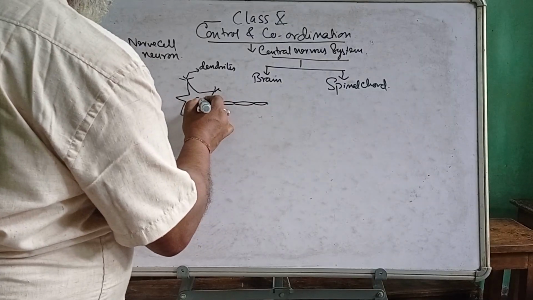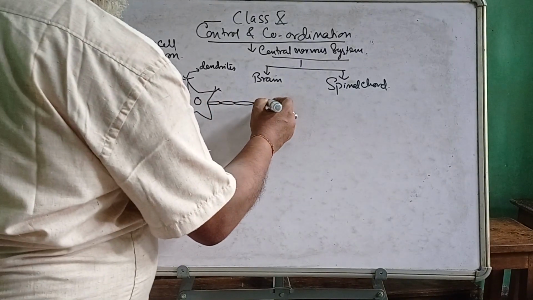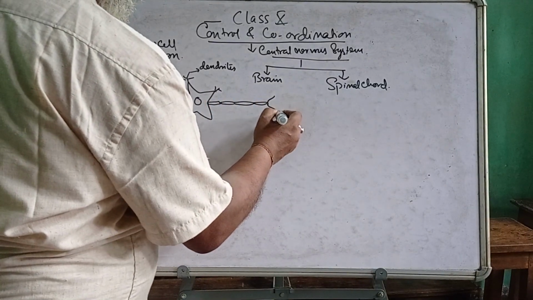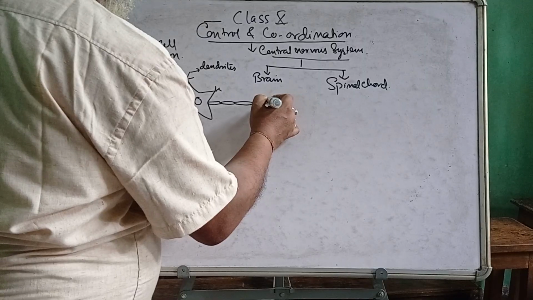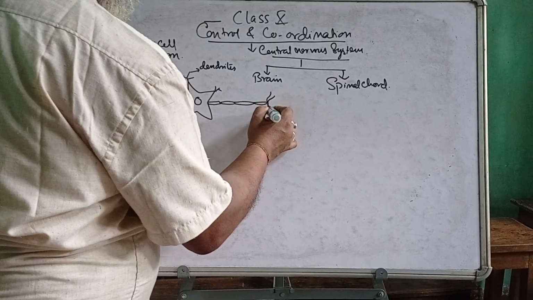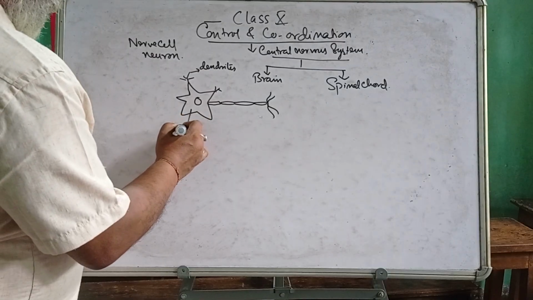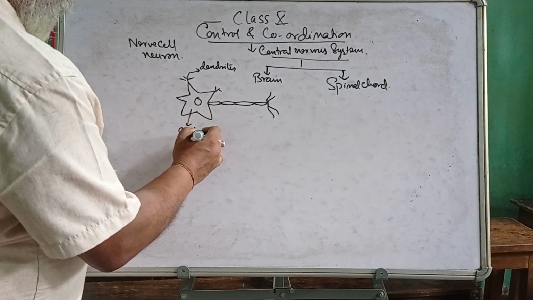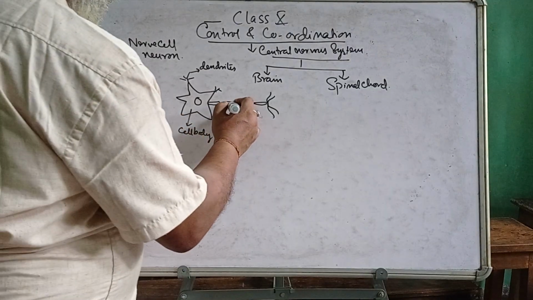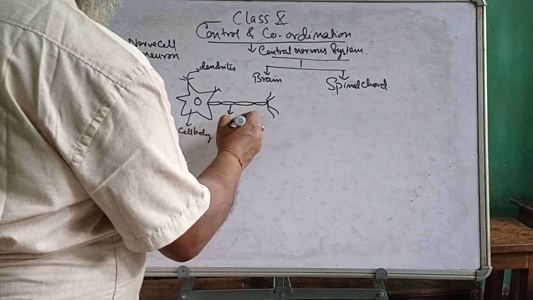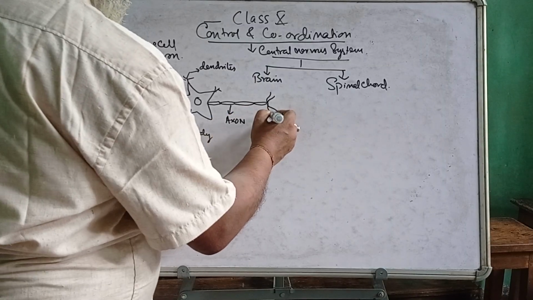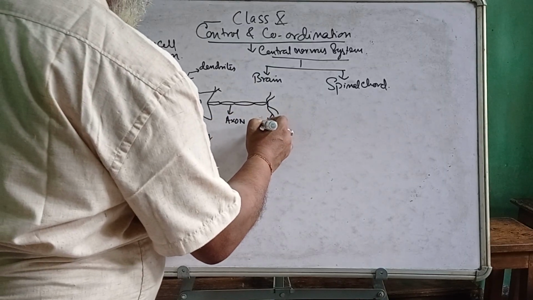And this is the nucleus, and here is the nerve ending. So this is your cell body, this is your axon, and this is the nerve ending.